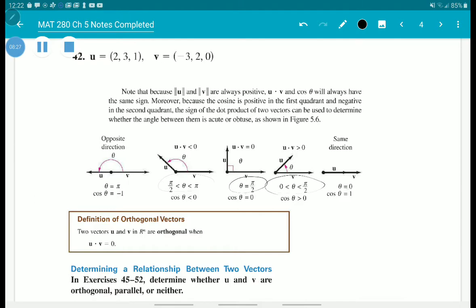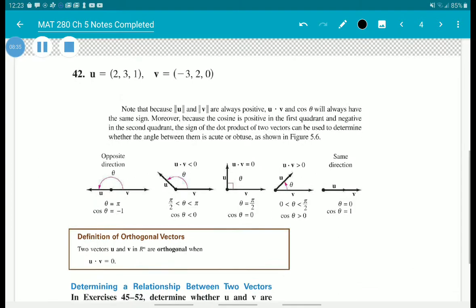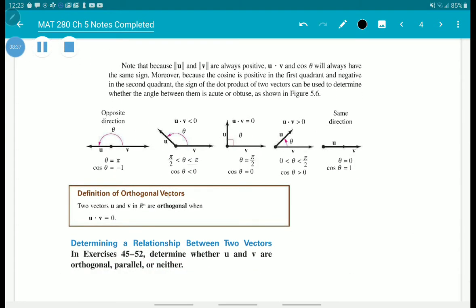And they are using radians here instead of degrees, but most of the time in WebAssign it will want it in degrees. Just watch your notation there. We do have orthogonal vectors if that dot product is equal to 0. That happens because of taking that inverse cosine, which we talked about.